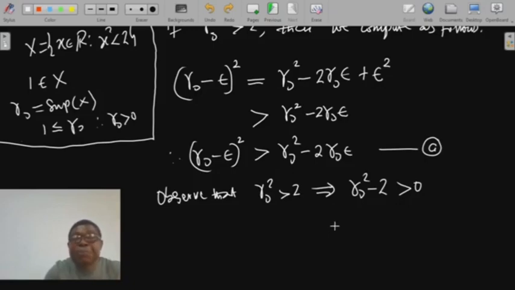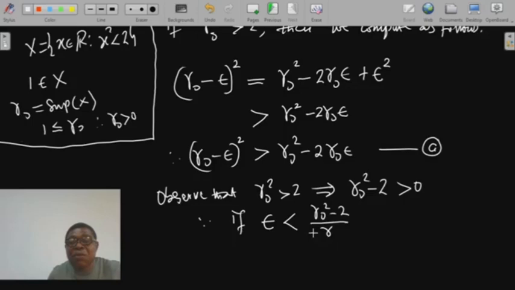And therefore, having got that gamma naught is bigger than 0, I have therefore that if epsilon is less than gamma naught squared minus 2 all over 2 gamma naught. This makes meaning because we've already seen that gamma naught is bigger than 0. And thus, this question makes meaning.